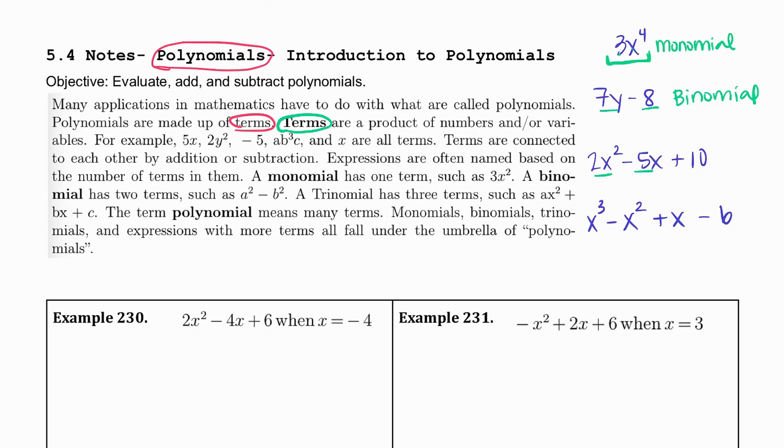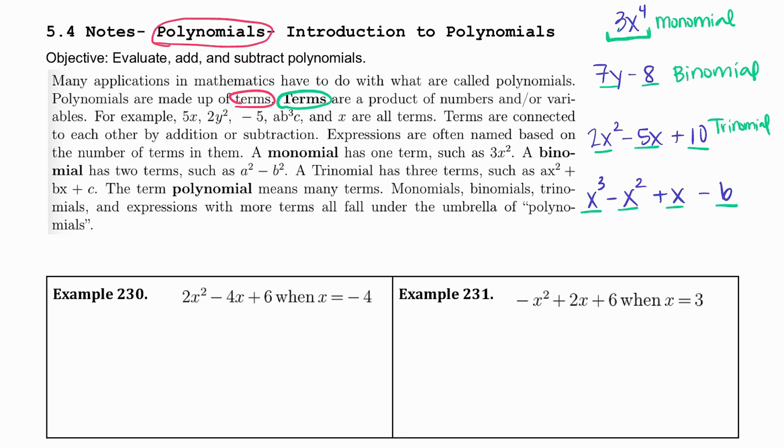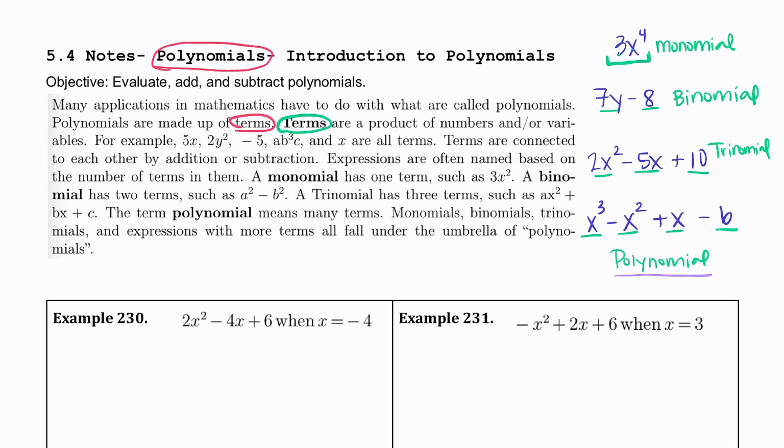If it has 3 terms, we call that a trinomial. And then if it has 4 or more, that's where mathematicians get a little bit lazy, and we just call that a polynomial. So when we use the word polynomial, it really encompasses all of these. All of these fall under a polynomial. Poly just means many parts.